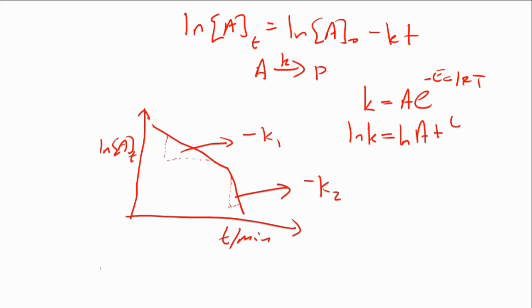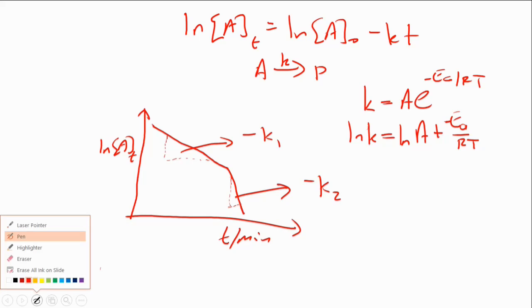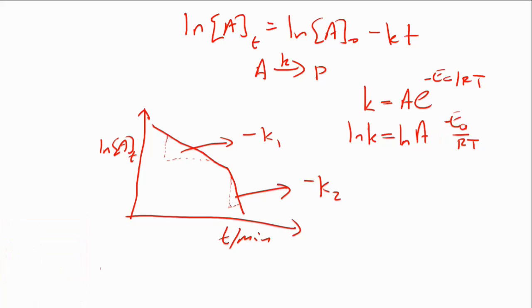Minus EA over RT. Of course, there's a minus sign here and there's a plus sign, so what we could do is just remove the plus sign. We don't need to keep both of them, but the one that we need to keep of the two is the minus.